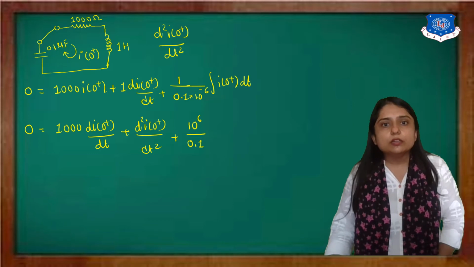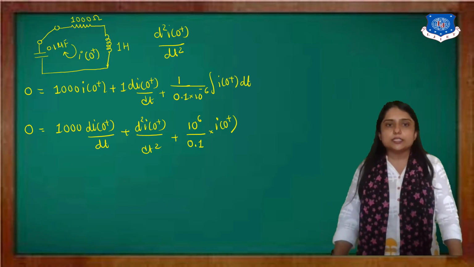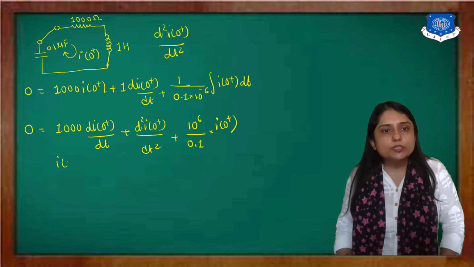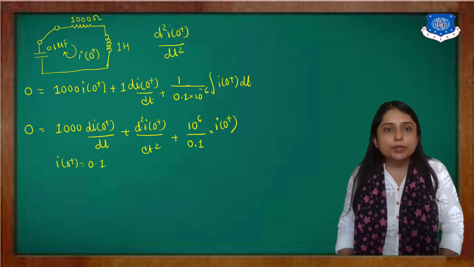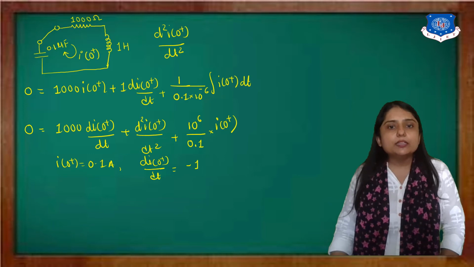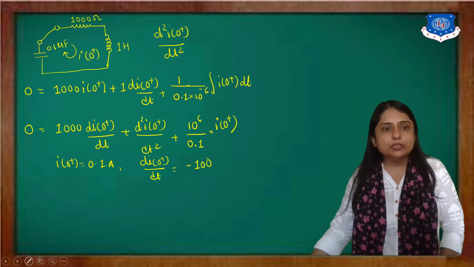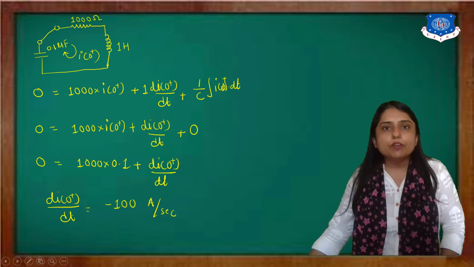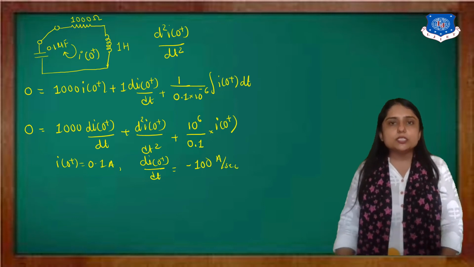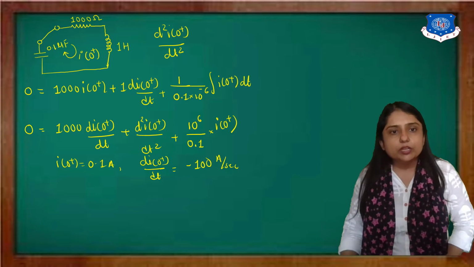I'm just writing it as it is. Already we have the value of I(0+), which is 0.1 ampere, and di(0+)/dt, which we found in the earlier diagram is minus 100 ampere per second. Now substitute these two values in the above equation.